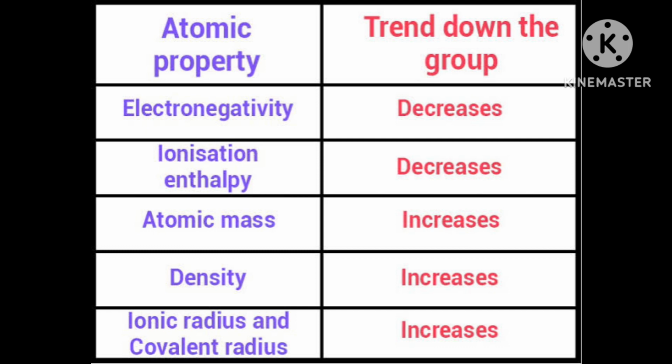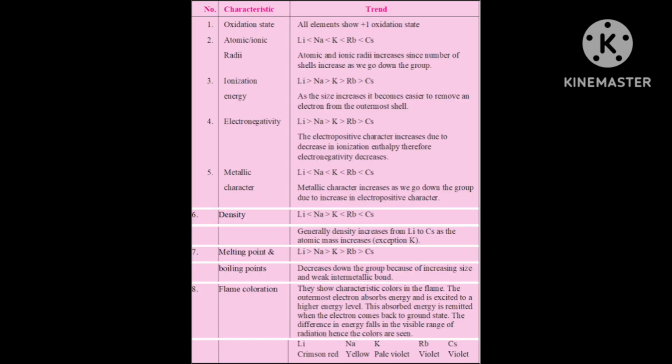Acidic character. Their acidic character increases from H2O to H2Te, tellurium. The increase in acidic character can be explained in terms of decrease in bond enthalpy, meaning the bond can break easily.